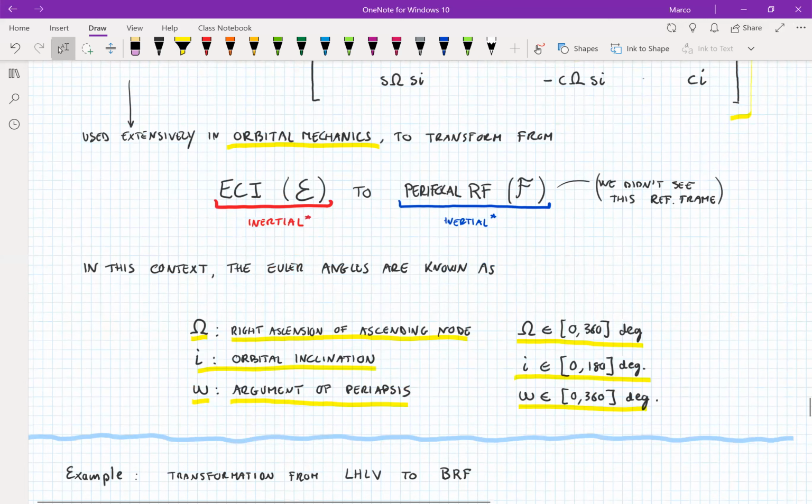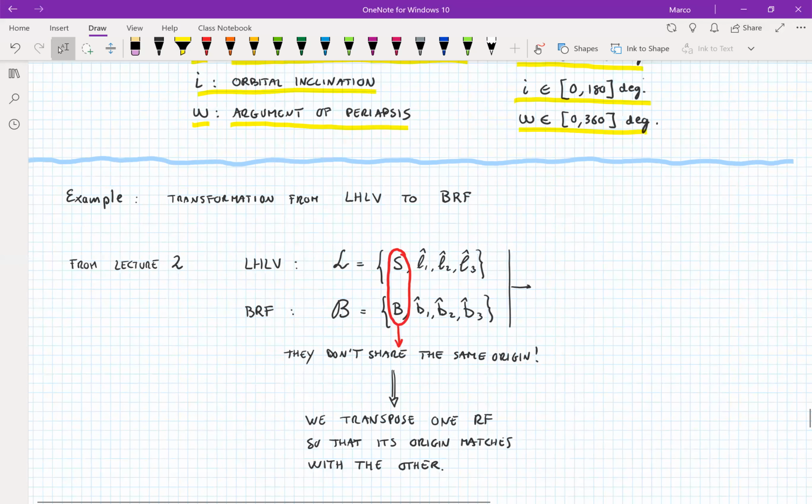And if you remember, last time we saw that the LHLV has an origin at a point on the surface of the Earth. But the body reference frame has its origin on the center of gravity of the body.